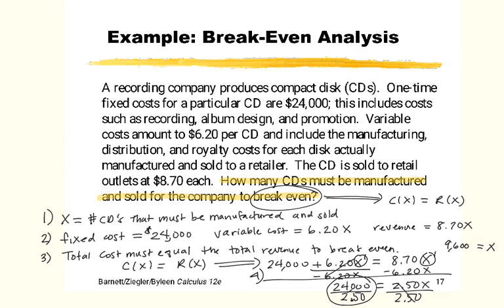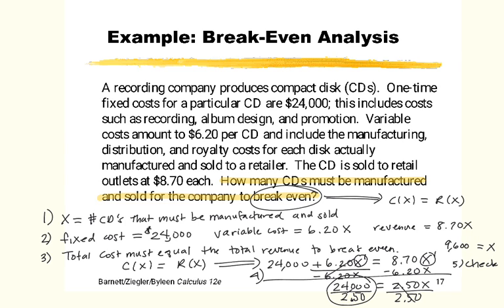And then step 5, we want to check. So here, let's squeeze in check. And in order to check this, we want to check it in the original wording of the problem. Okay, so above it says that we know the fixed cost was $24,000. The variable cost was $6.20 per CD.